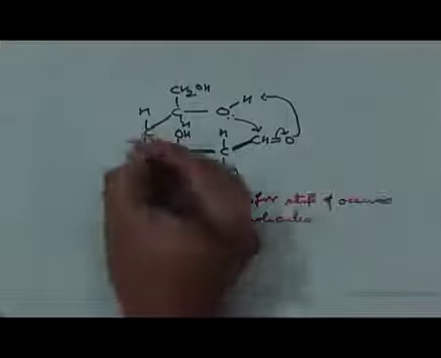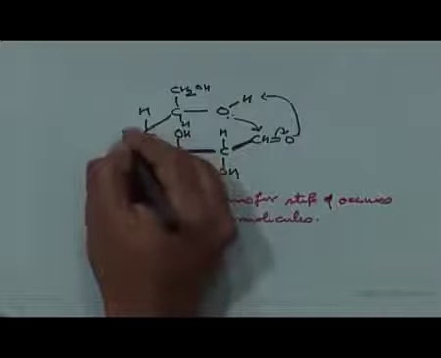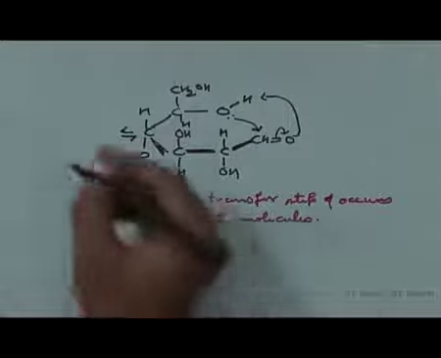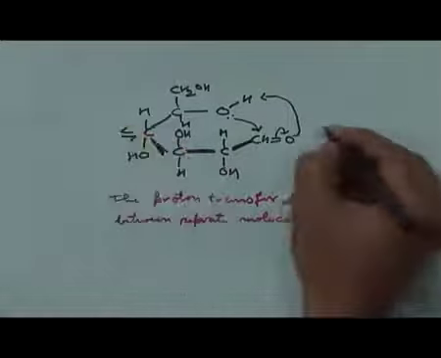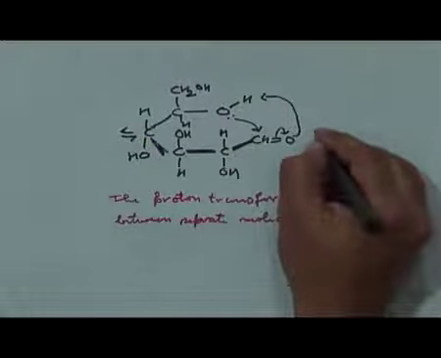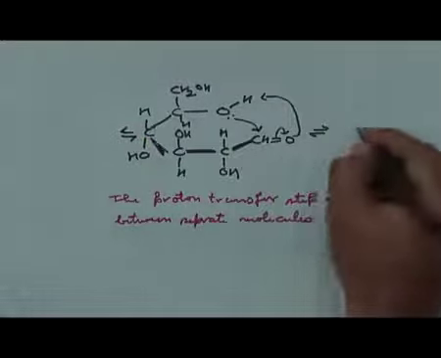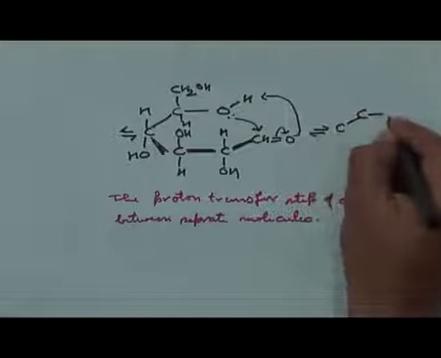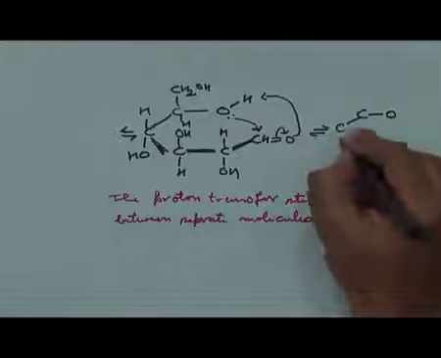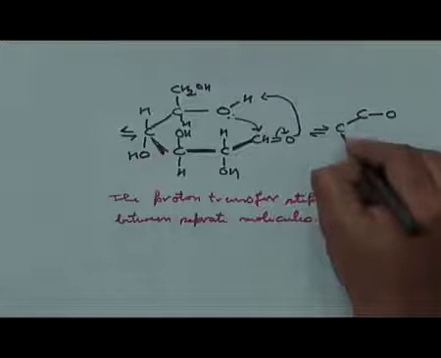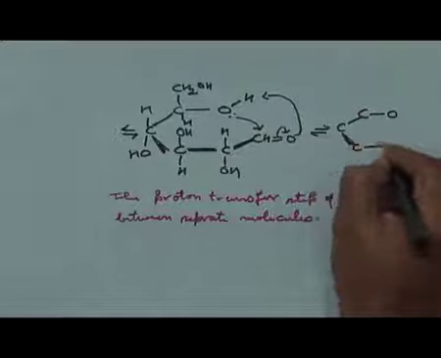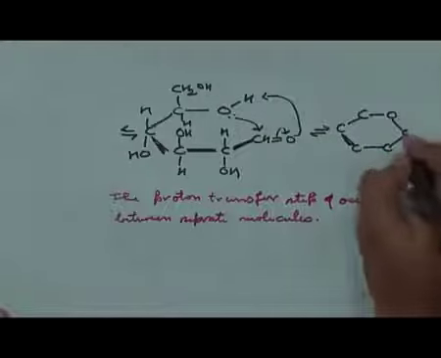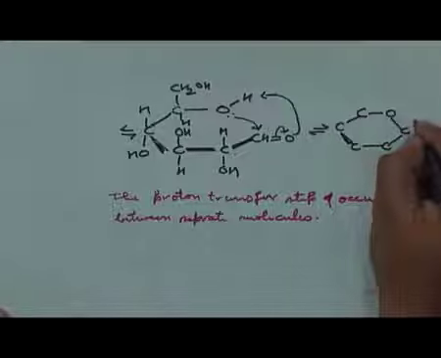So, after this cyclic acetal formation, what will be the structure? I am going to write the structure here. First I will draw the pyranose ring and the anomeric carbon. Here is the anomeric carbon.